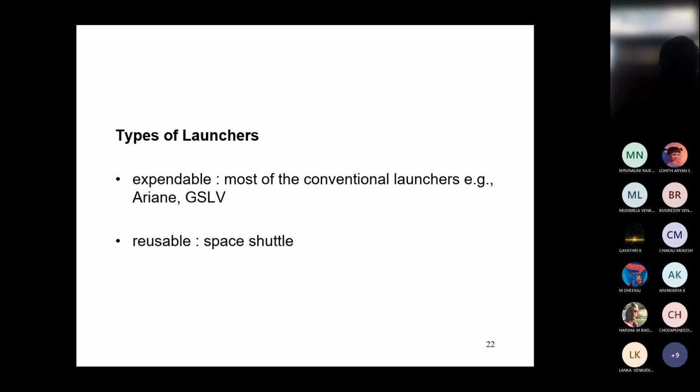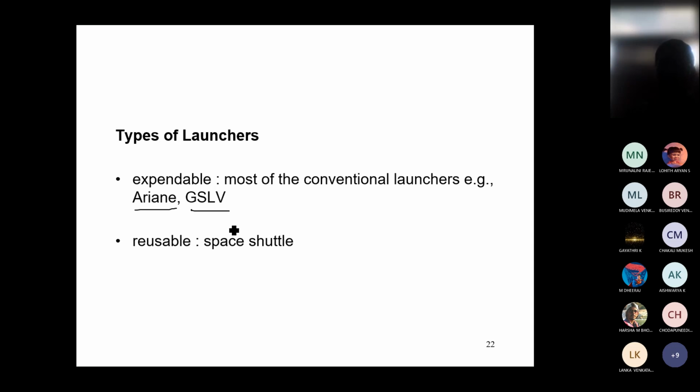Now we shall discuss different types of launchers, some basic ideas. There are different kinds of launchers. Some European countries use a launcher called Ariane, and in India we are using the launcher called GSLV, geosynchronous satellite launch vehicle.